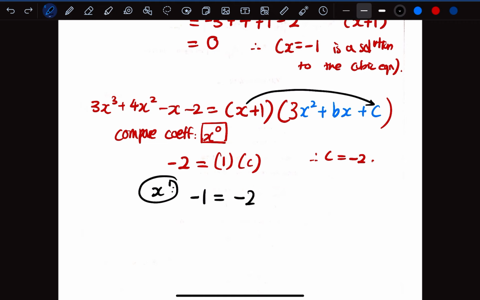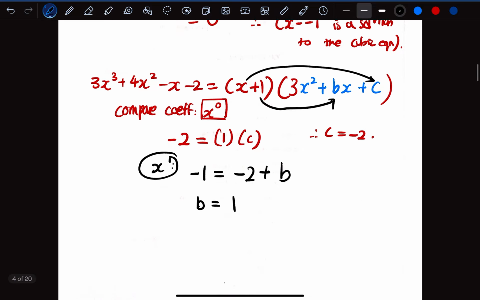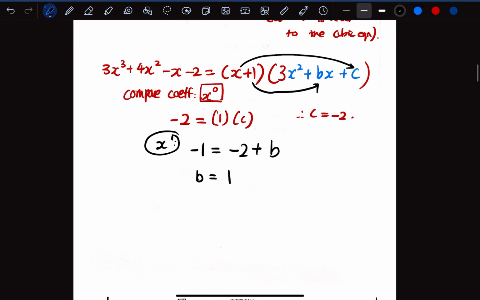And at the same time, I have 1 times bx, so essentially I just get plus b, because 1 times b is b. When I solve for my b, I will get b equals +1, because I move the -2 over, it becomes positive, so +1.